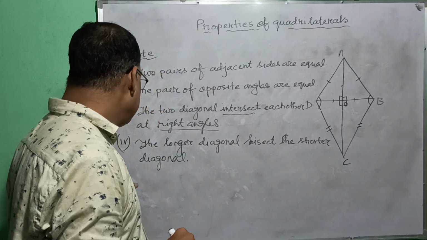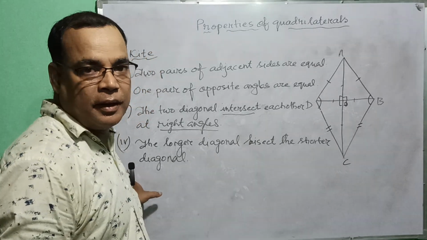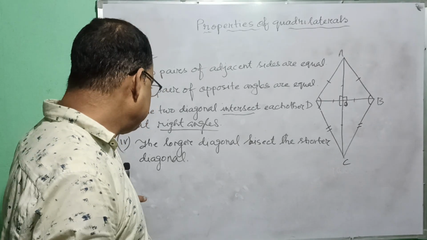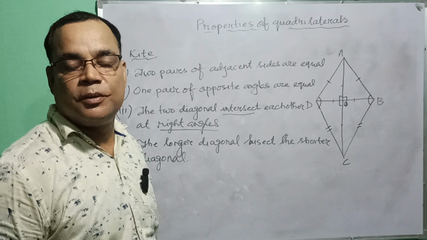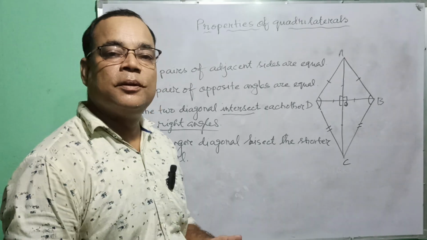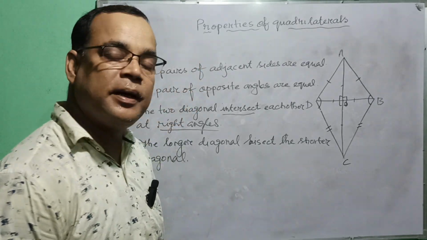You can remember that and write it as a 5th property. I have not written why, because it is common to all these quadrilaterals. So I think you can understand.